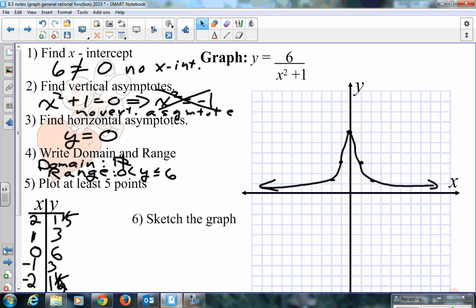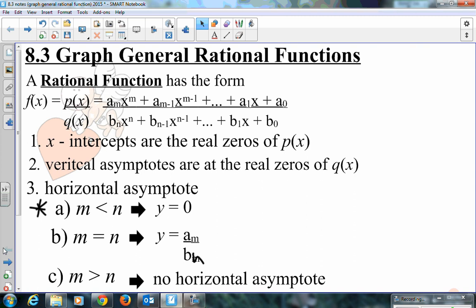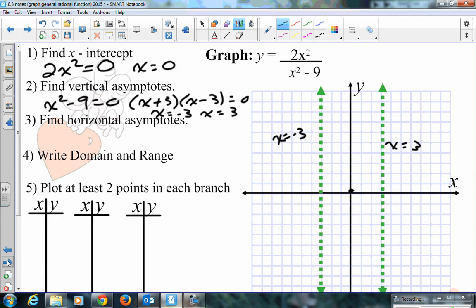So let's go back and see what happens when m equals n. So now we're on b here. My degree of my top function equals the degree of my bottom function. Say y equals a sub n over b sub n, a sub m over b sub n. That's my leading coefficient. So the leading coefficient on the top is 2.